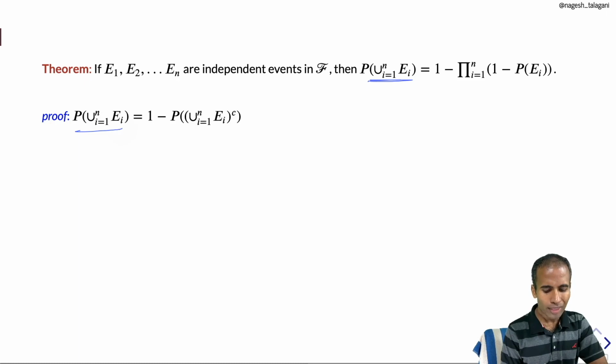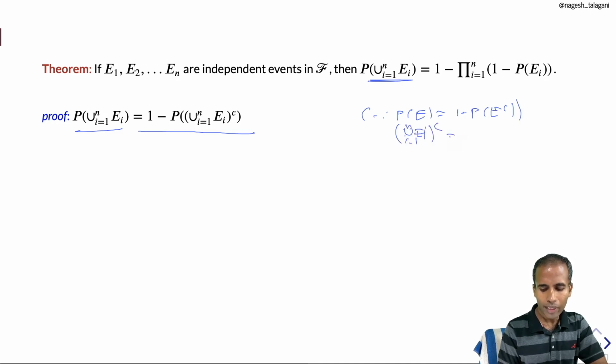Probability of union i equal to 1 to n of Ei, I am writing as 1 minus probability of union i equal to 1 to n of Ei whole complement, since the probability of any event I can write as 1 minus probability of its complement, right? Now next, this union i equal to 1 to n of Ei whole complement, by De Morgan laws is going to be intersection i equal to 1 to n of Ei complement.